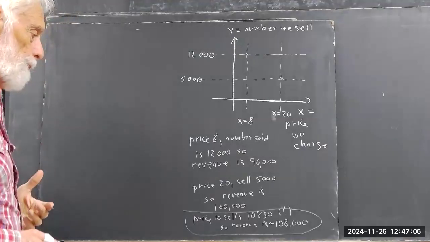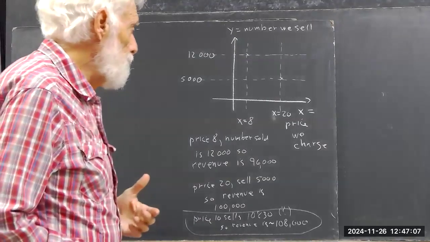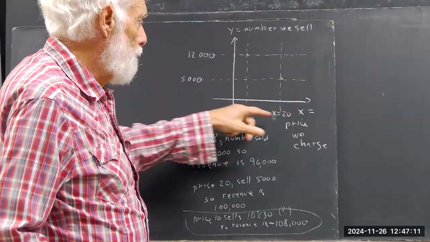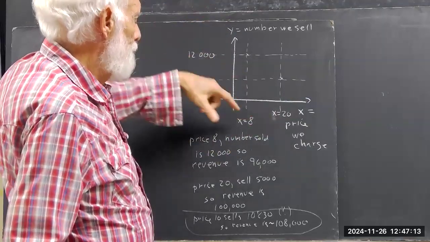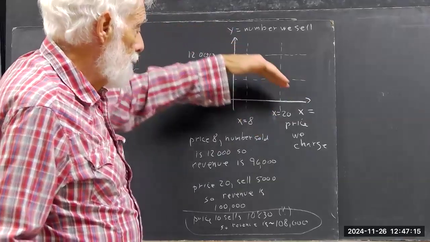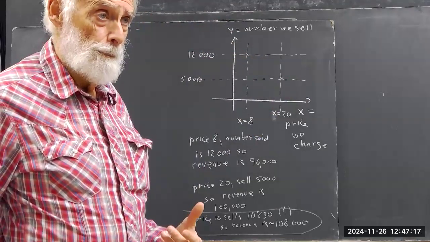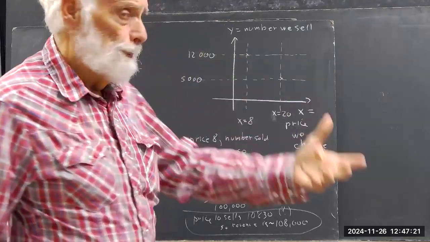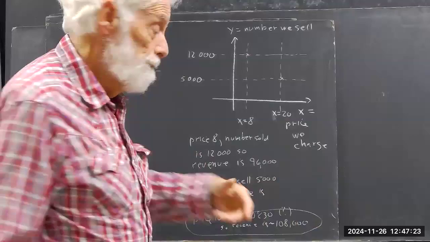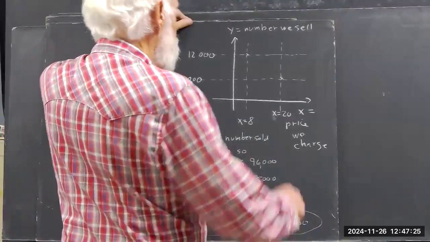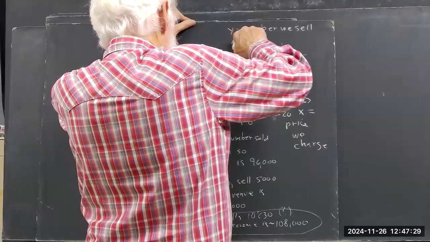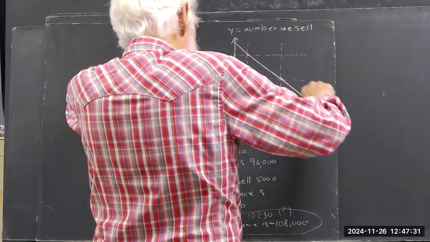Well, the first thing we want to do is ask, what does the curve look like? As I raise the price, I'm going to sell fewer. Well, we're going to take the simplest possible model. We're going to say, okay, let's assume that the number sold is a linear function of the price.